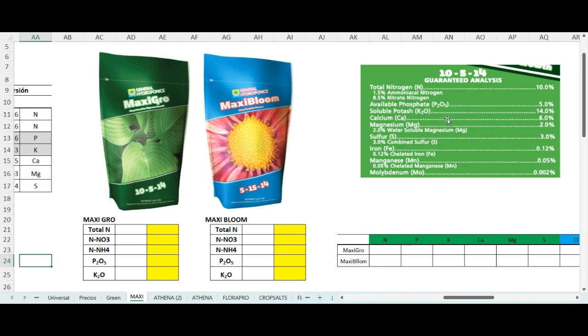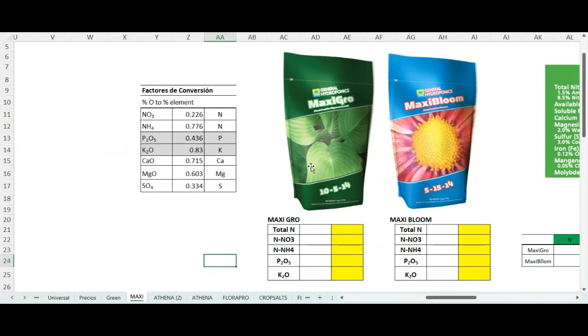This P2O5 is actually not the elemental phosphorus, so we need to multiply this value, this 5%, times a conversion factor, which is this one. For the P2O5, you multiply the 5% times 0.436, and then you get the elemental value of phosphorus.